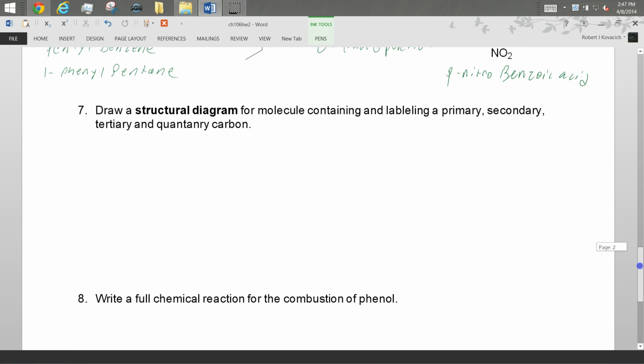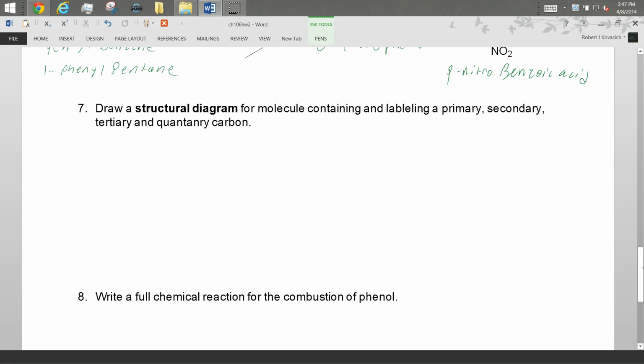Draw a structural diagram of a molecule containing primary, secondary, tertiary, and quaternary carbons. All right, so C, C, C, C, C. So now I got a quaternary in the middle. C, C, and I got a tertiary right there. And I got a secondary right there. So I'll just throw on my H's. So these yellow ones are all what?